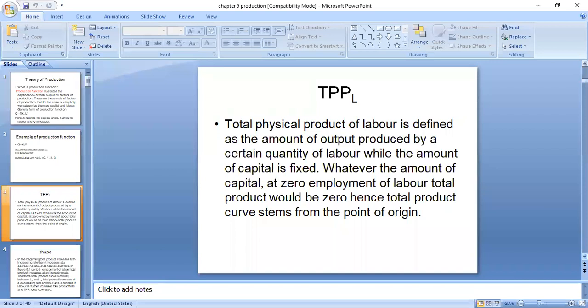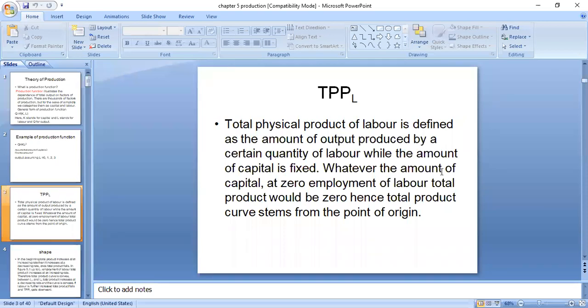Okay. Now let's move to another topic. We call this TPP, total physical product of labor. What does it mean? Total physical product of labor is defined as the amount of output produced by a certain quantity of labor while the amount of capital is fixed. When we fix the capital, the amount of labor we are employing and how much output we are getting, we can show this as TPP.